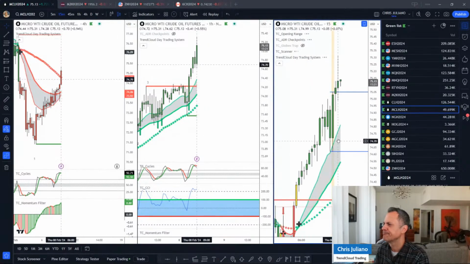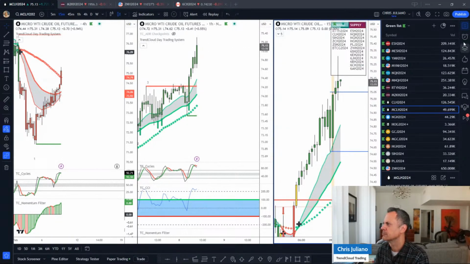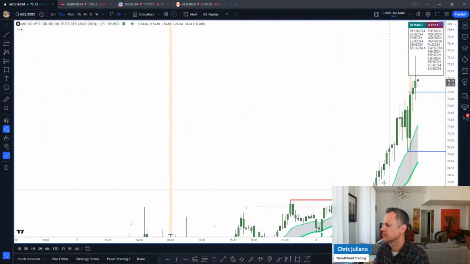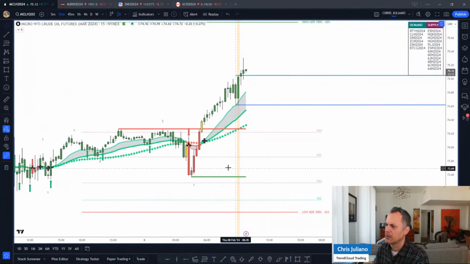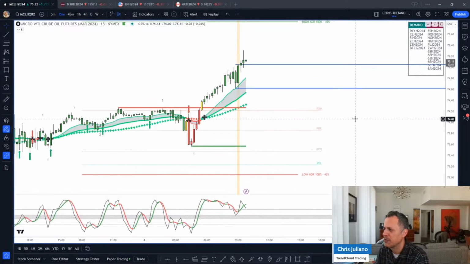Well, we start looking for supply zones. Here's the trend cloud. Okay, so a pullback into the 15-minute trend cloud, possibly.